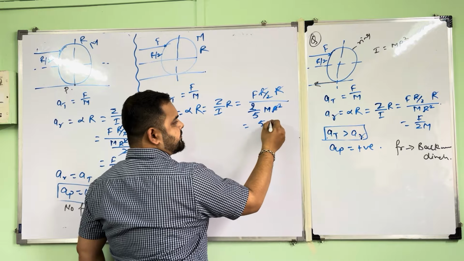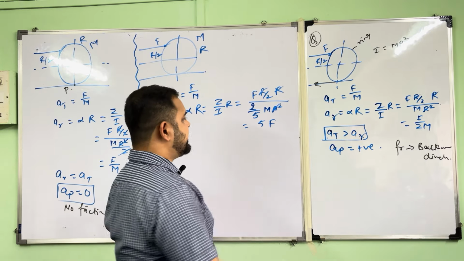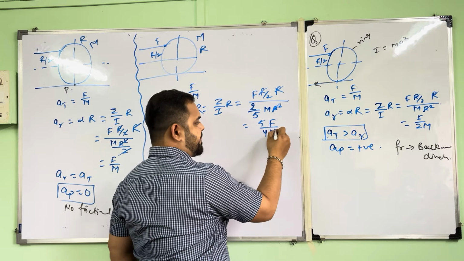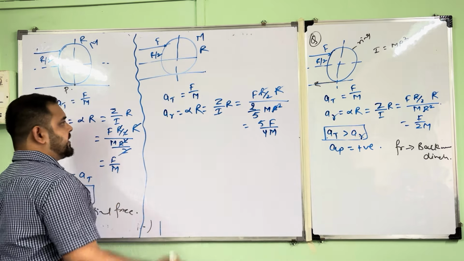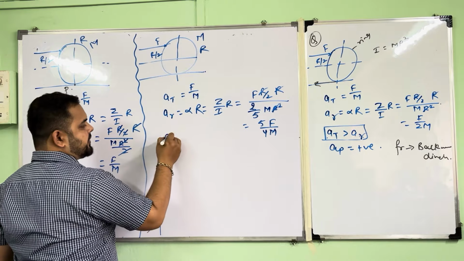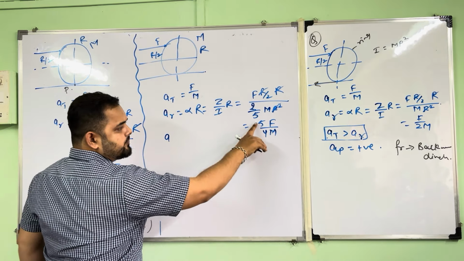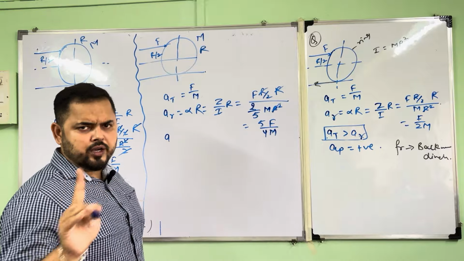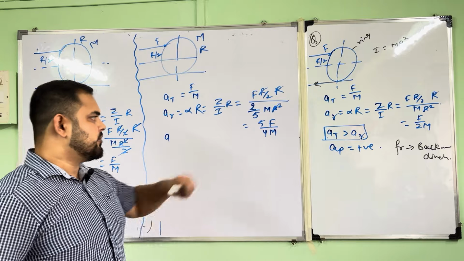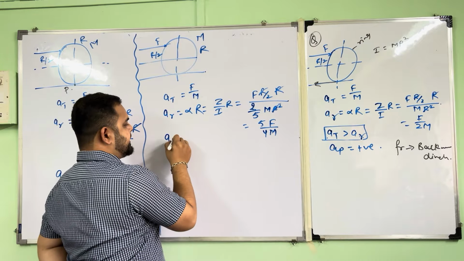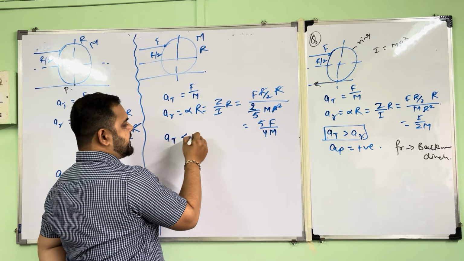Then it is 5F divided by 4m. So we can clearly say what is AR. AT is F by M, and AR is 5 by 4, means 1.25 times. So AR is greater than AT.